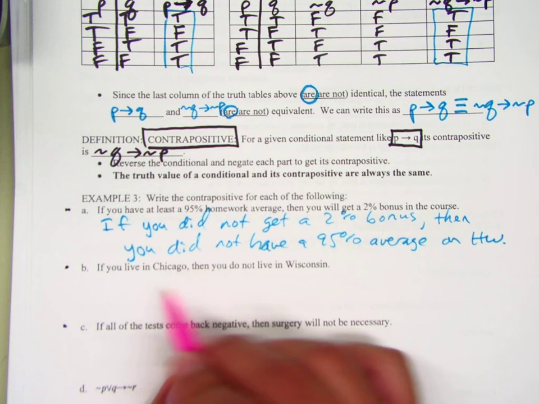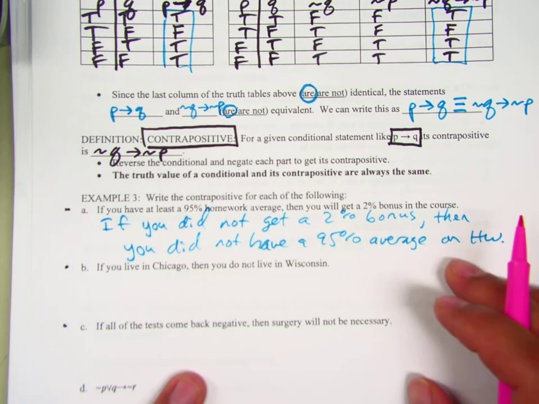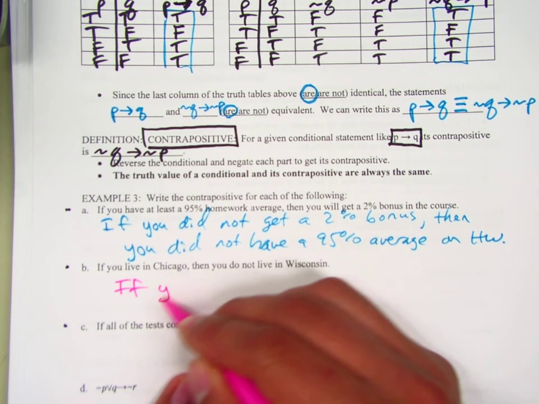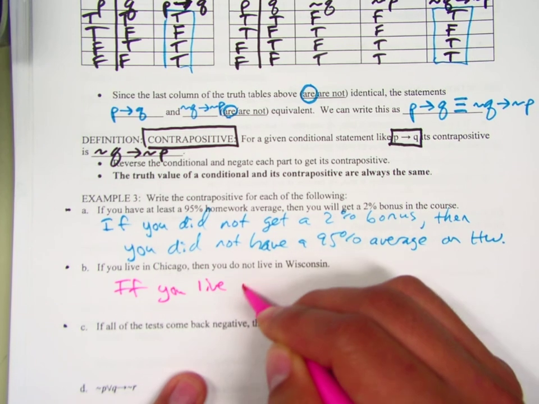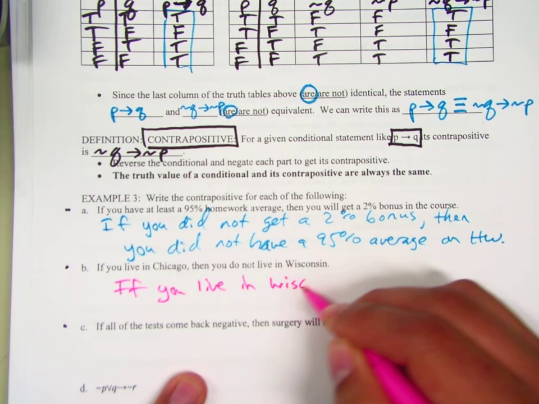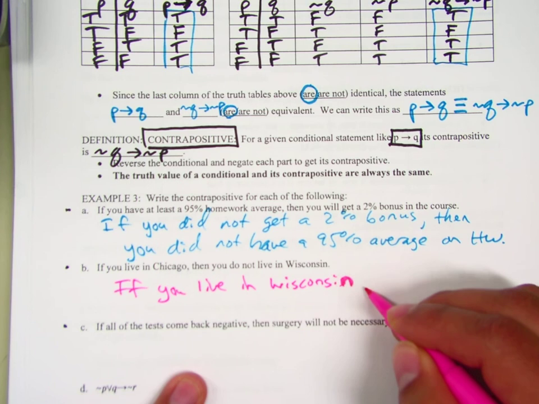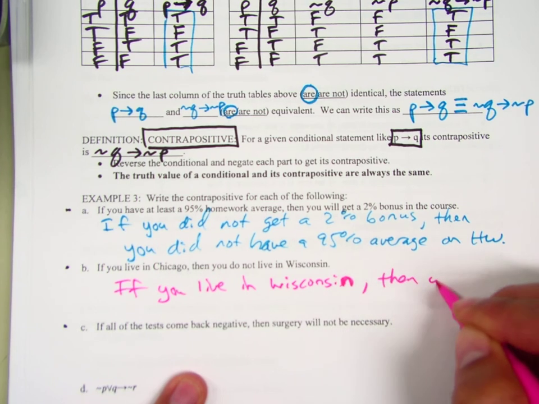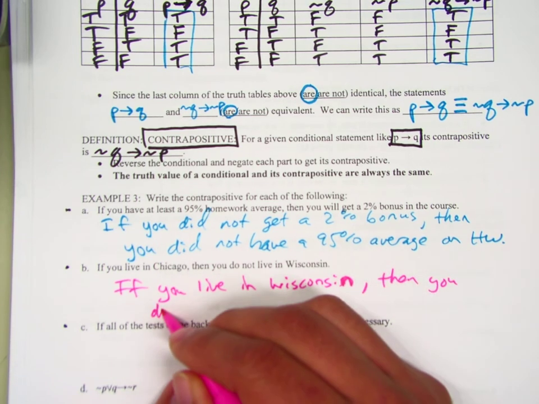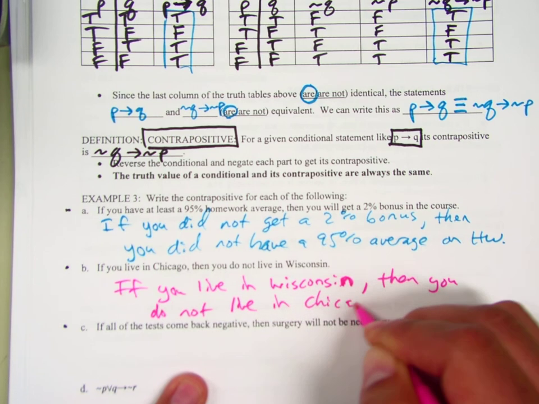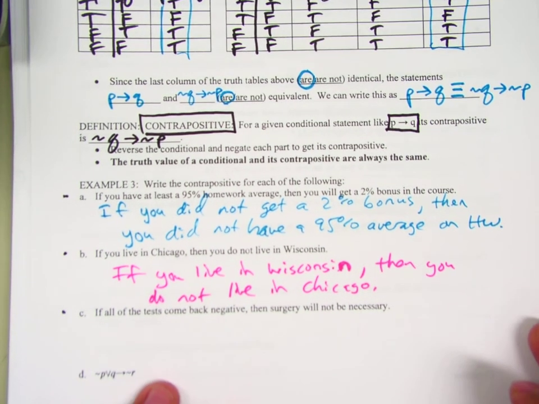I think that's correct. So how do you write that as in words? If you live in Wisconsin, then you do not live in Chicago. Okay. Very good.